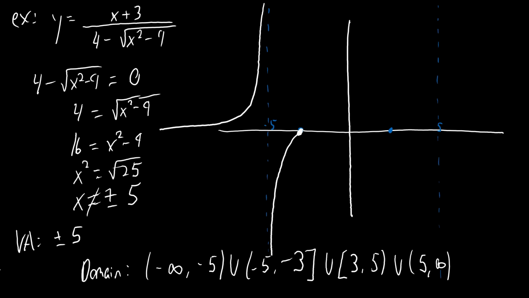That's just somewhere right there. And our 5 looks something like this. Okay, so now you can see the behavior here. This goes to 1.5, if y'all want to know. It doesn't actually go to 0. Okay, and that's all you need to do for this example.